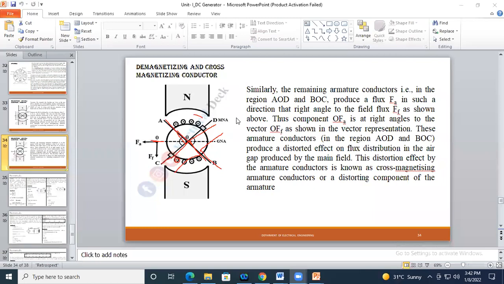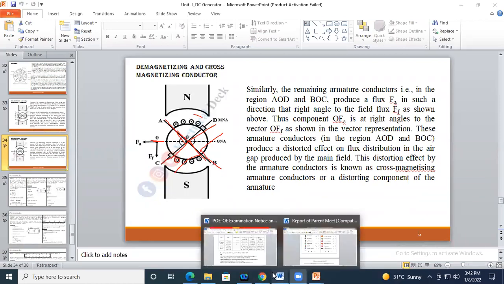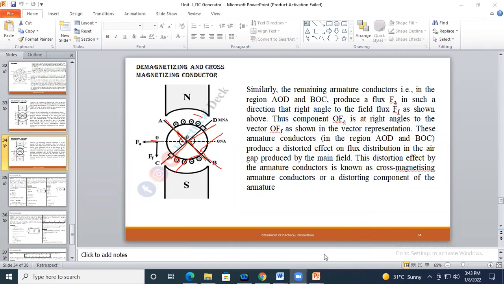By using interpoles and a compensating winding, we are neutralizing the cross magnetizing effect of armature reaction and reducing the effect of armature reaction.